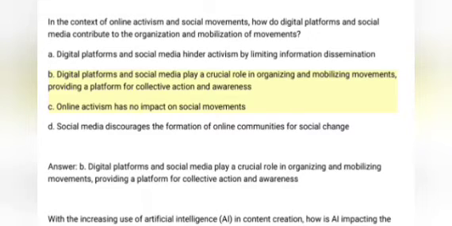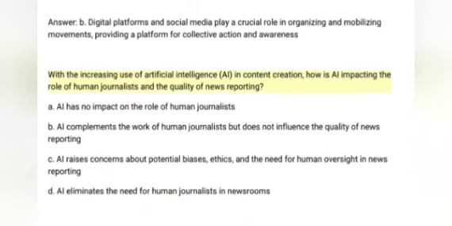C. Online activism has no impact on social movements. D. Social media discourages the formation of online communities for social change. Answer. B. Digital platforms and social media play a crucial role in organizing and mobilizing movements, providing a platform for collective action and awareness.